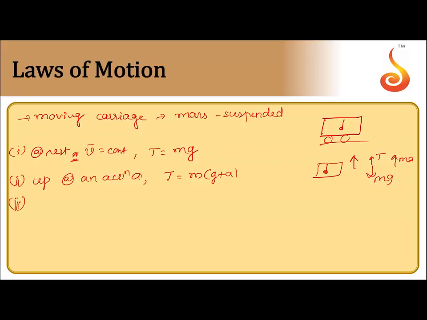What if I consider it to be moving down at an acceleration a, then T = m(g - a). Similar case. Suppose I consider one more case, freely falling. If it is freely falling, the tension is 0. You have seen that.